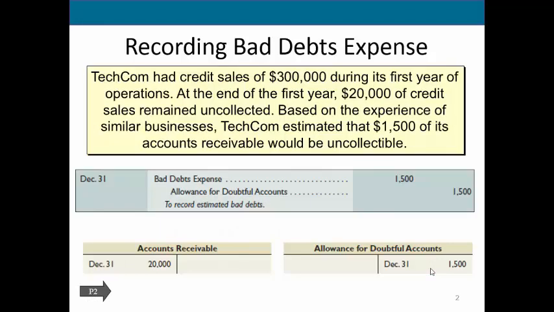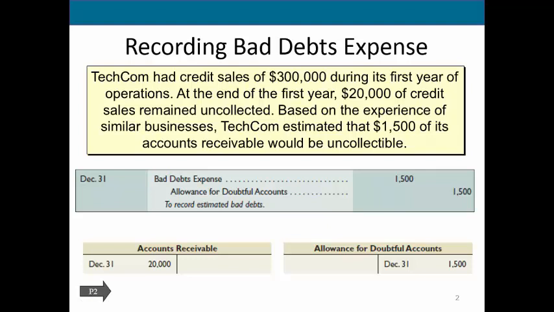So here's just a basic example of how we record our bad debt expense when we're using the allowance method. You can see down here our journal entry. If you'll think back to when we were using the direct write-off method, we would show bad debt expense and then we would write off the accounts receivable by crediting the account receivable to take it off of our books.